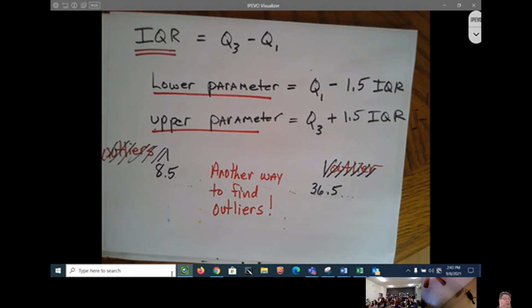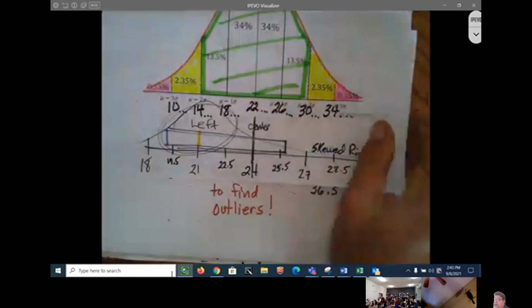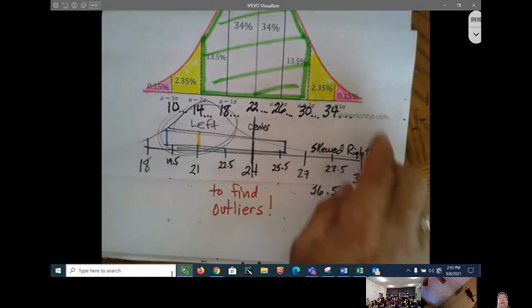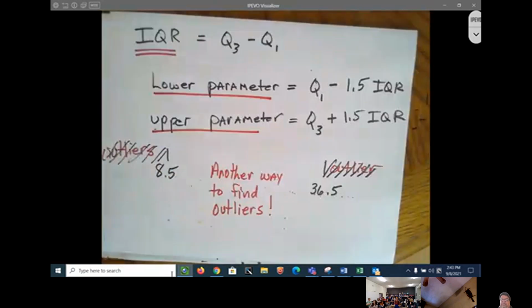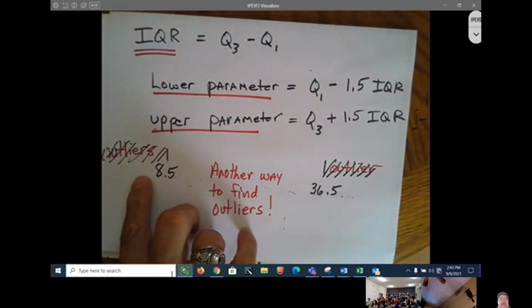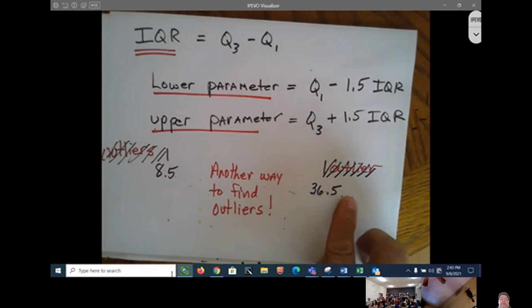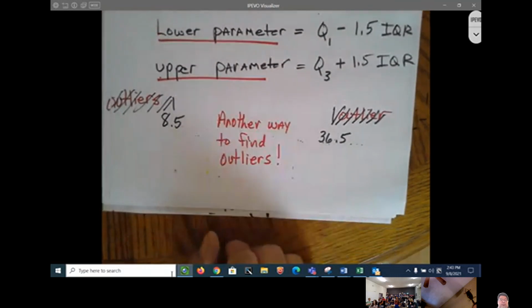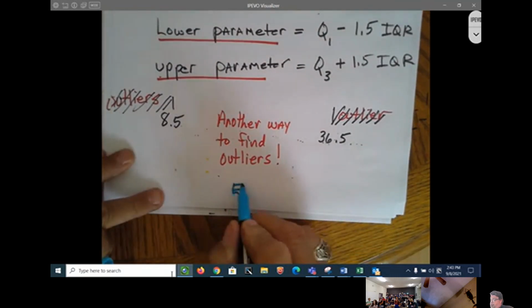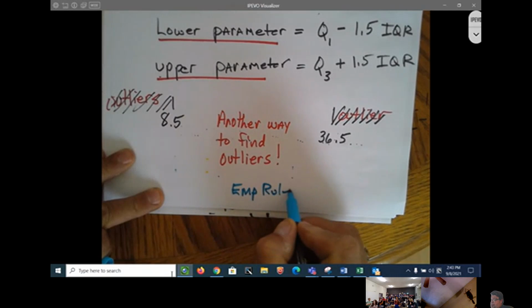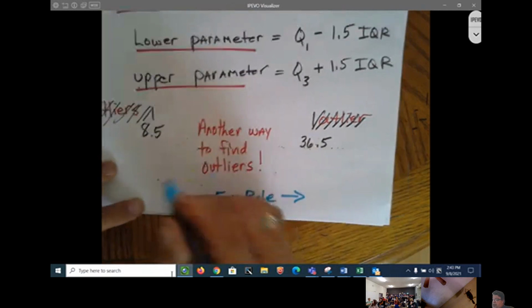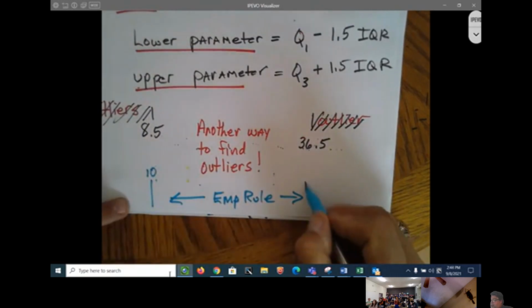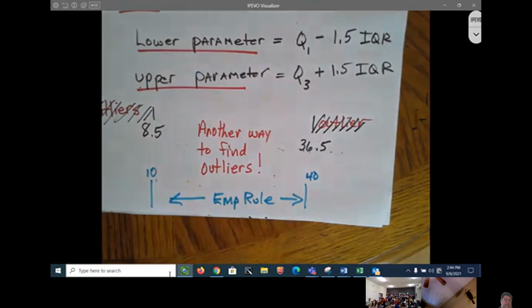So now you've got the empirical rule, which told us that anything below 10 and anything above 34 would give us an outlier. This tells us anything below 8.5 and anything above 36.5, which is fairly close to what the empirical rule says. Let's just put that down here.